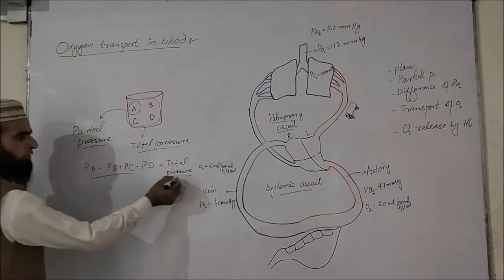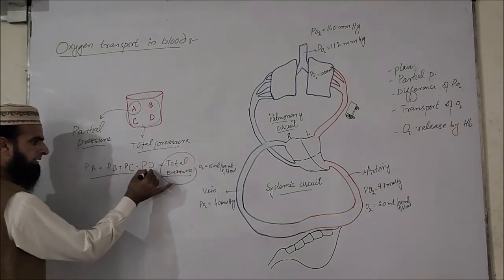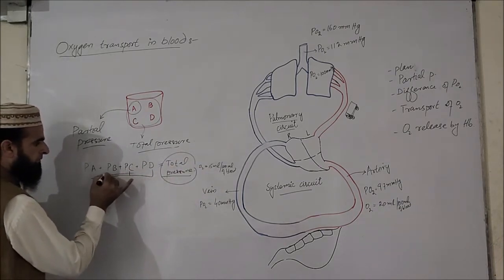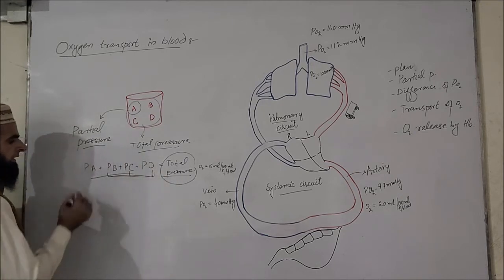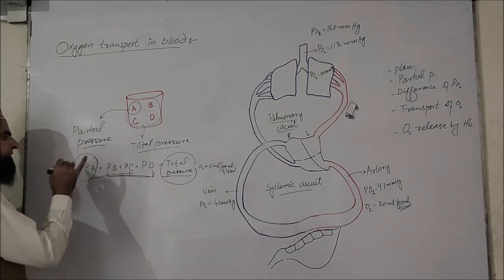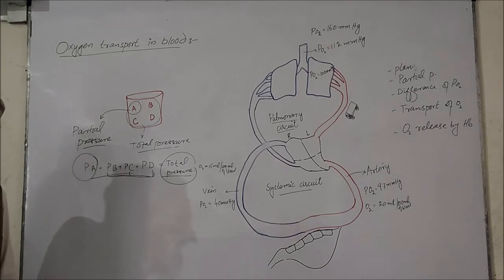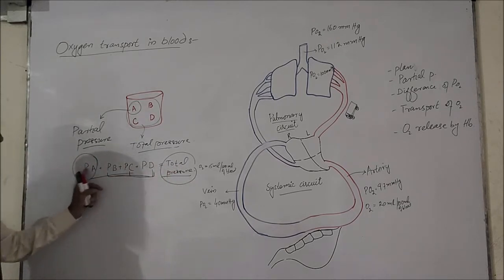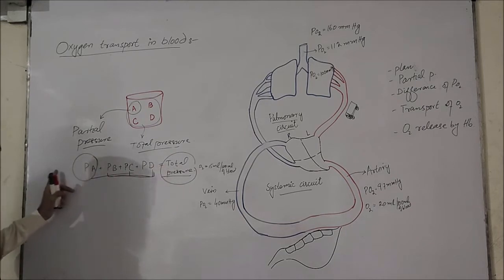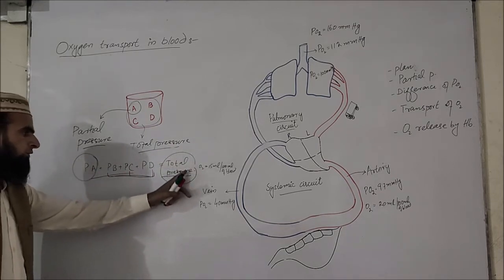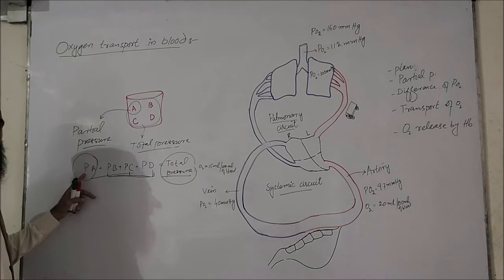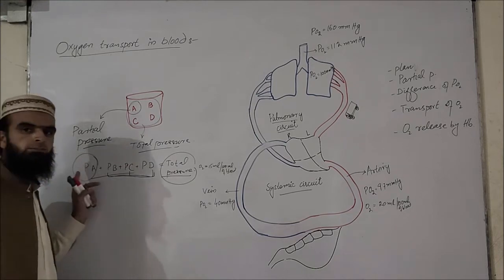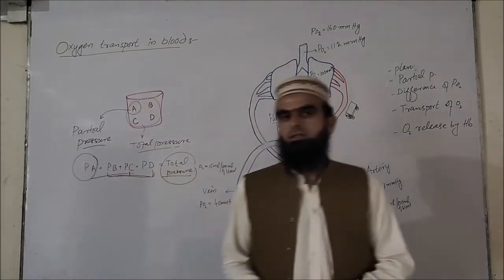And if you have the total pressure and the partial pressures of 3 gas molecules, then the partial pressure of gas A can be calculated easily. So this is the mathematical equation with the help of which we can calculate the total pressure from the partial pressures, or one of the partial pressures from the rest.